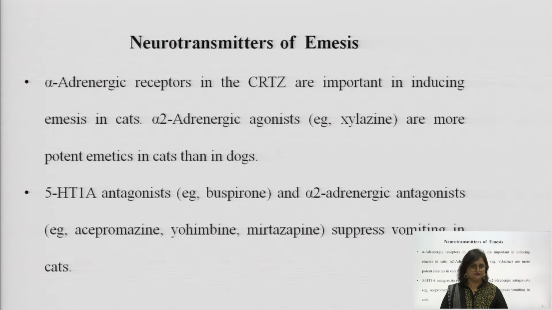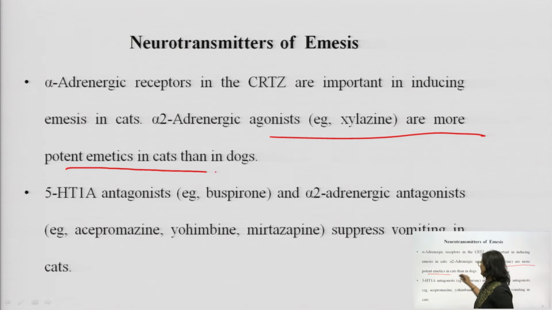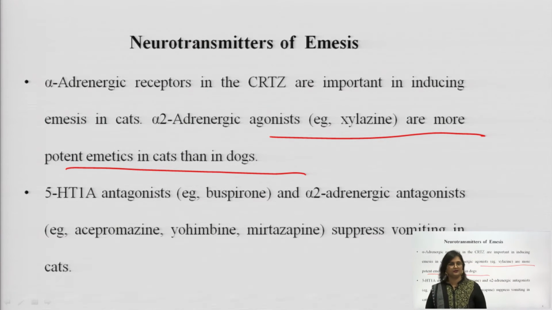Now, discussing further, alpha-adrenergic receptors in the chemoreceptor trigger zone are important in inducing emesis in cats. Alpha-2 adrenergic agonists, for example xylazine, are more potent emetics in cats.